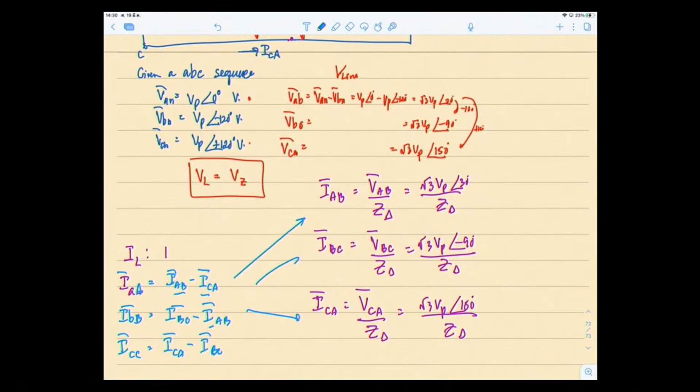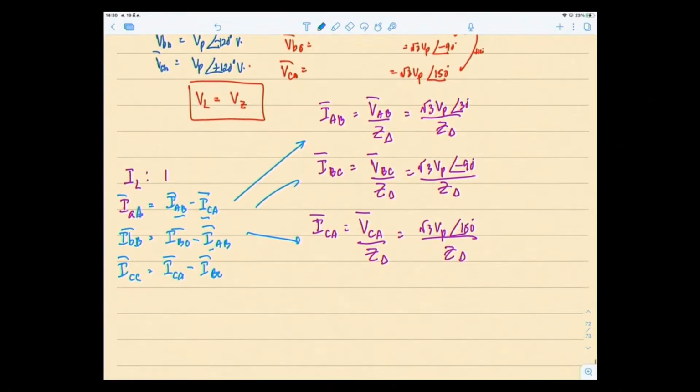Okay, and when you do it, you will find out that I line, the magnitude of I line, is root 3 of I phase in this case.